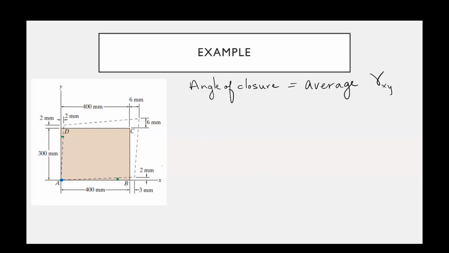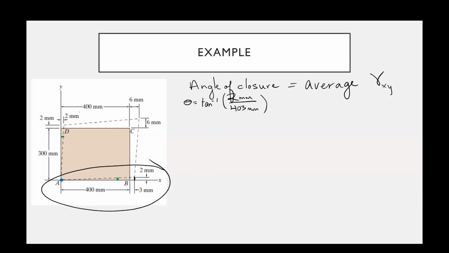So for the horizontal portion, for this portion down here, we can say that theta is equal to the inverse tangent of opposite over adjacent. So in that case, opposite is going to be this 2 millimeters divided by adjacent, which is going to be 403 millimeters.